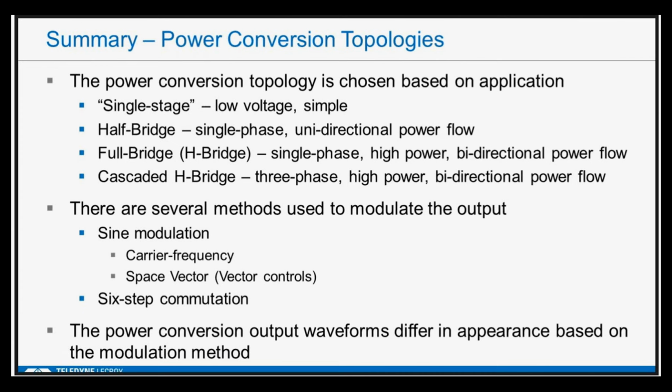We won't get into the detail of that here, but that's also what would be commonly referred to as the sign modulated method. And just keep in mind, if you've ever seen a lot of different types of output waveforms from a power conversion device and you're wondering why, it's really based on the topology, and also it's based on the modulation technique. The 6-step commutation looks quite a bit different from the sign modulated techniques.